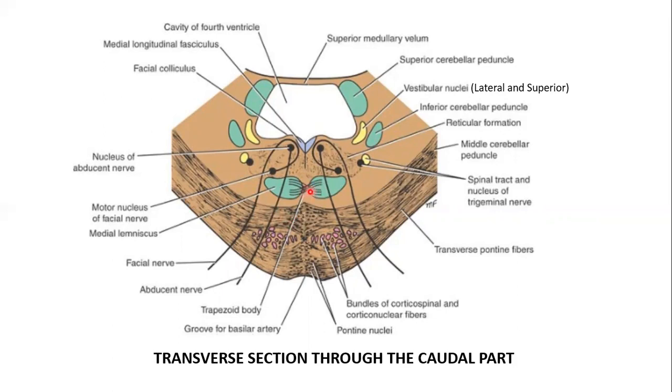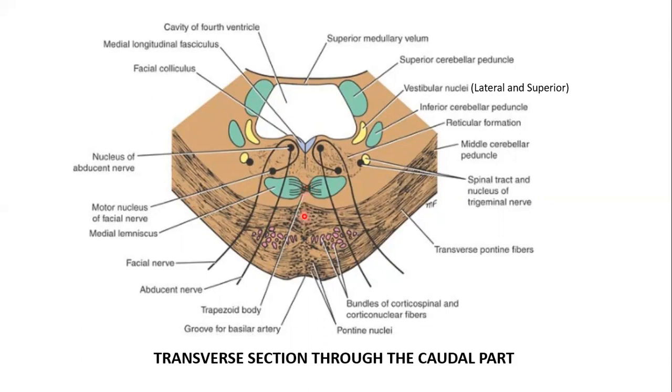It contains the fibers coming from the cochlear nuclei of the 8th cranial nerve. Cochlear is concerned with hearing, and together with the nuclei of the trapezoid body they form a part of the auditory pathway.